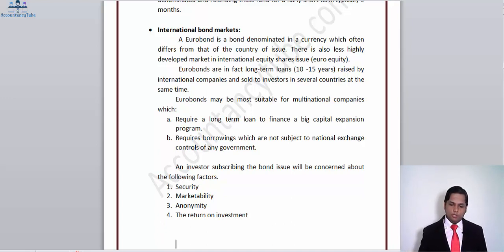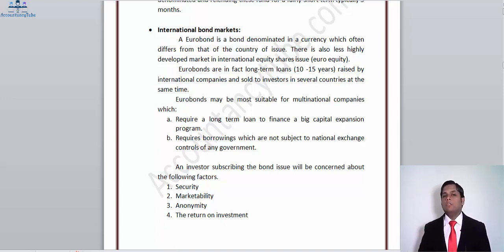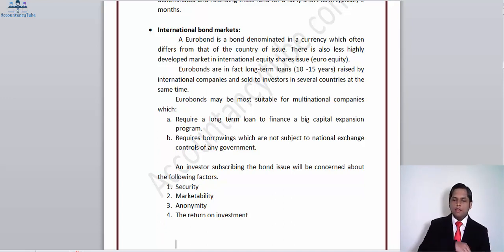Then we have got euro bonds, which are basically long-term loans, between 10 to 15 years, raised by international companies. Only big companies like Unilever or P&G can issue euro bonds, sold to investors in several countries at the same time. They spread those bonds across different exchanges, so they appear on different exchanges with the same base currency.